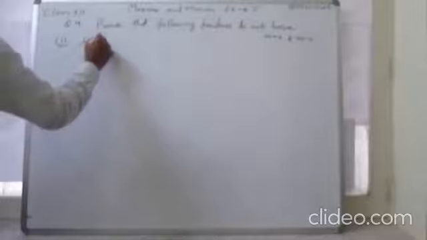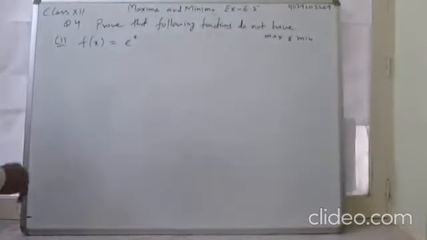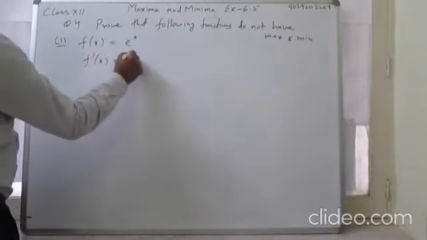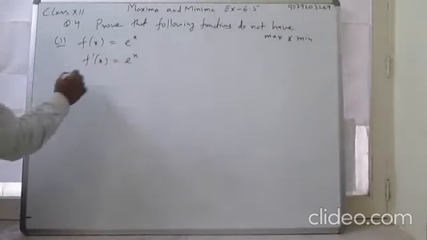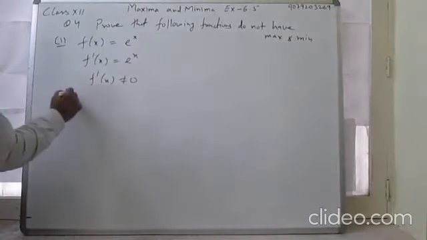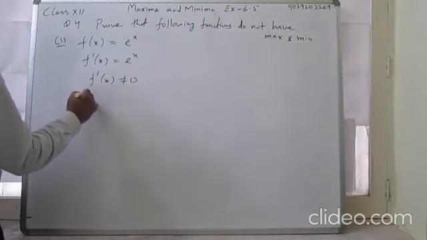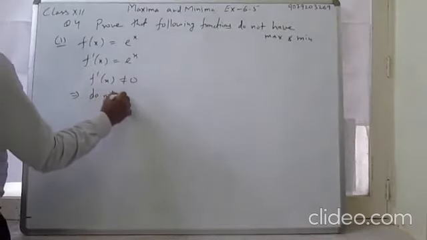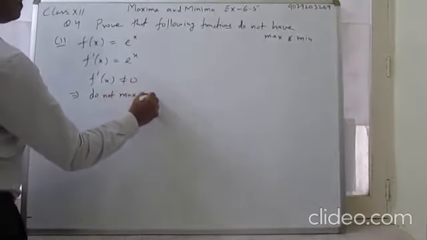Function is given to you, fx is equal to e to the power x. So see here, f dash x is equal to e to the power x. This means f dash x not equals to 0. This implies the function has do not maxima and minima.